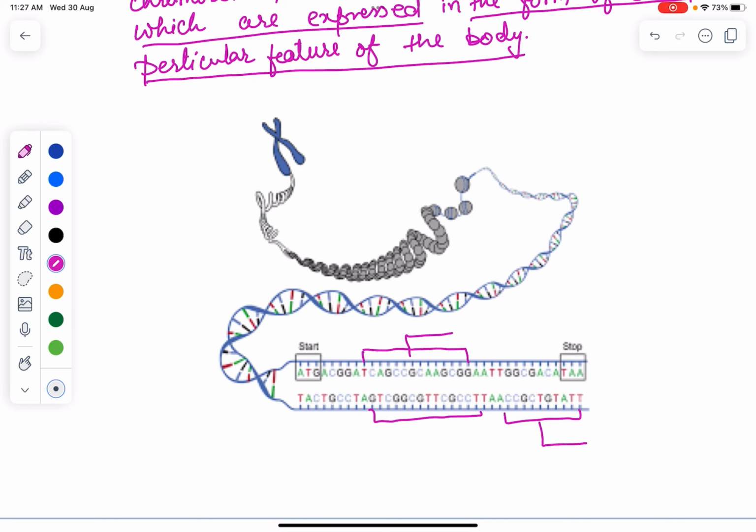So the particular sequence of nucleotides on some chromosome encodes a particular protein, and this helps in the expression of some features on the body. That is called a gene.